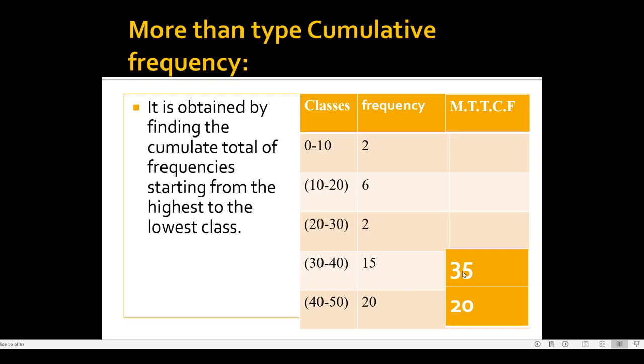Next more than type cumulative frequency is 35 plus 2, which is 37. Next is 37 plus 6, which is 43, and the last more than type cumulative frequency is 43 plus 2, which is 45. These are our more than type cumulative frequencies.